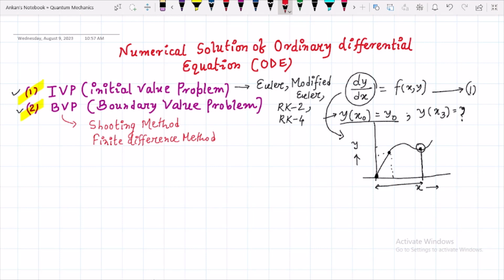If you are asked to solve by initial value problem, then you can apply these methods, or if you are asked to solve the problem by boundary value condition, then you can apply these two methods.